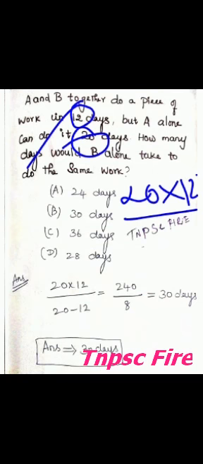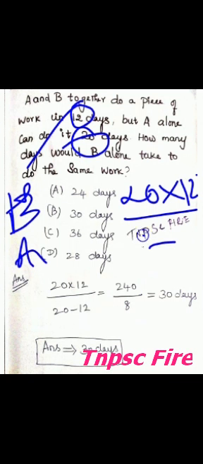Here is a small twist. If they ask for B alone or A alone, you subtract the two values in the denominator. In the last problem they asked together, so we added the values.